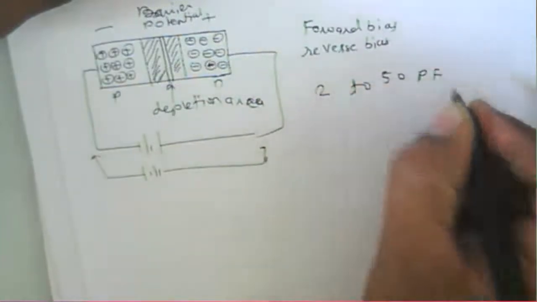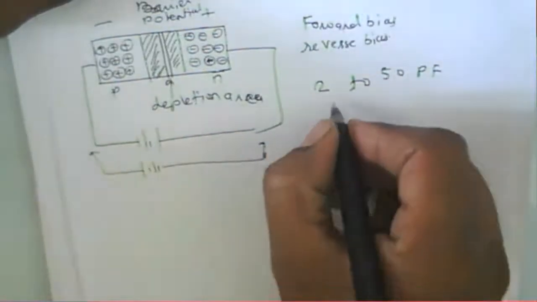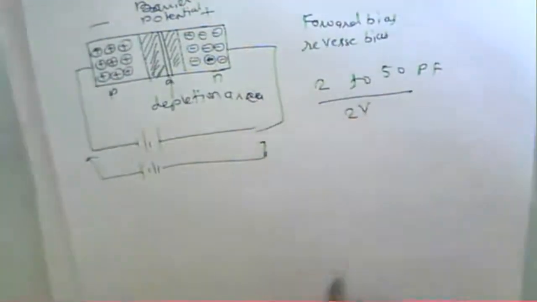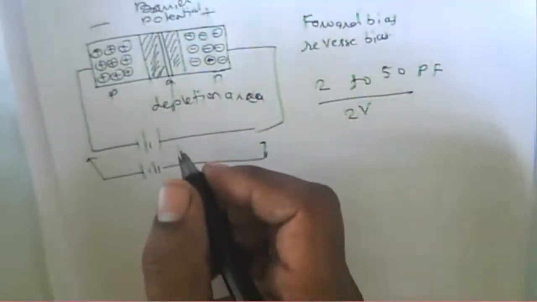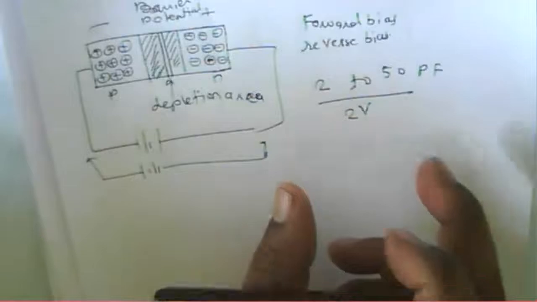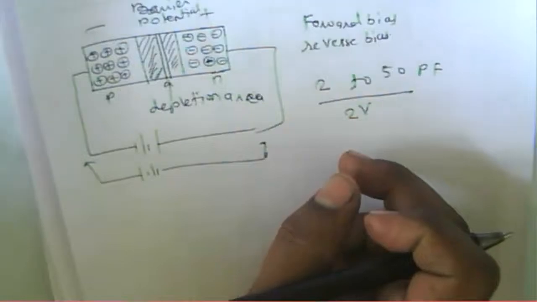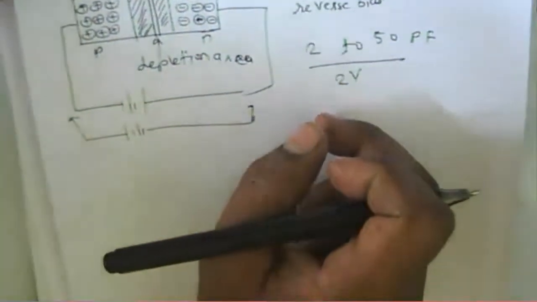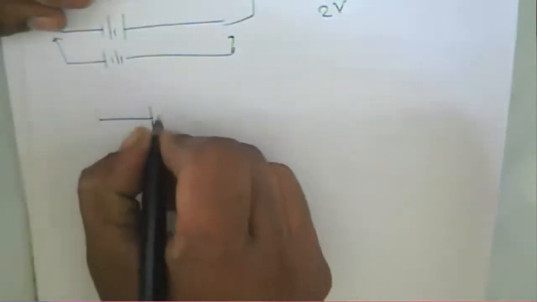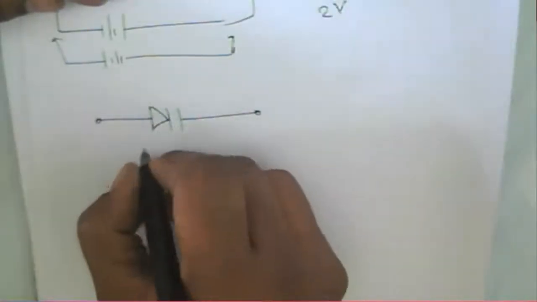The capacitance of this variable diode changes when we apply the bias, and it is typically in the range of 2 to 50 picofarad, obtained even when we vary the bias by just 2 volts, a small variation in the bias voltage. So that is a varactor diode. A varactor diode works when we apply the bias to the diode.